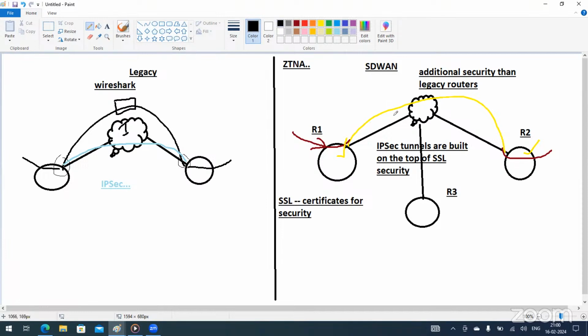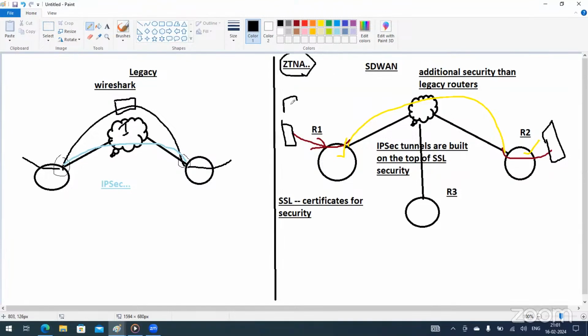Good. So all the devices need certificates. We will see what is this certificate, how certificates are set up, how they are exchanged. We will be working on all these things in detail during the lab. Until the certificates are done, these devices, anybody sitting on the LAN, they cannot communicate.